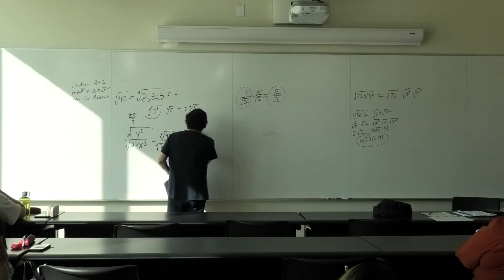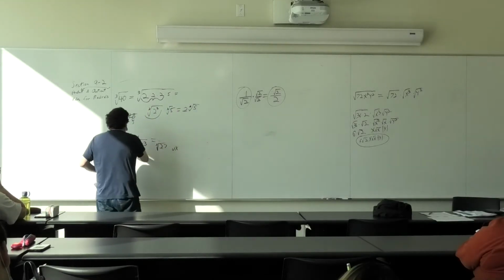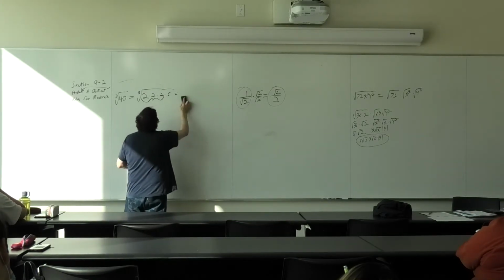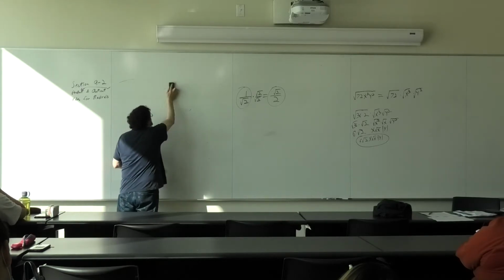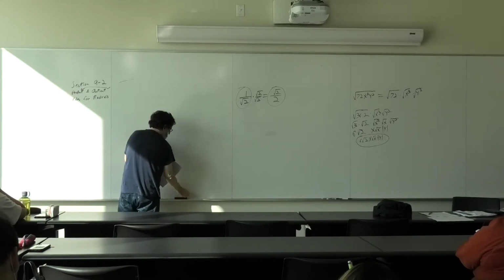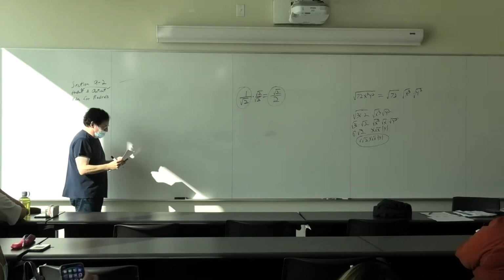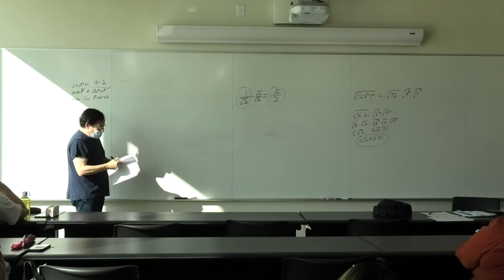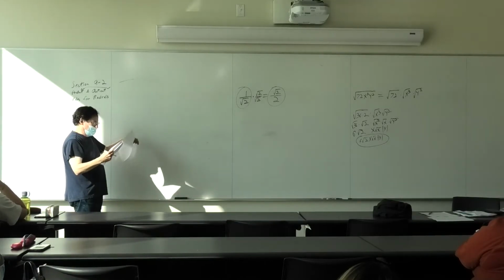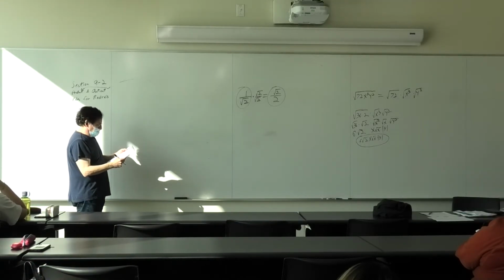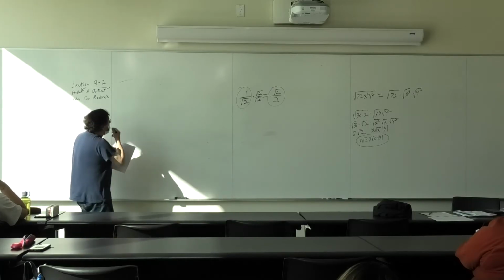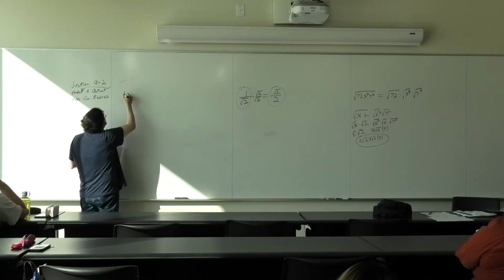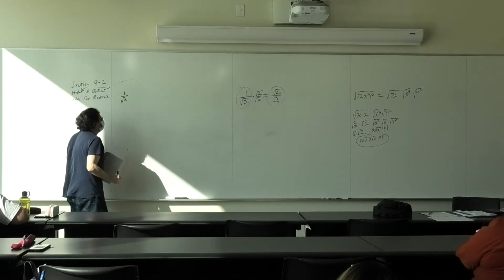However, when you're dealing with variables, with x's and y's, it's sometimes a good idea to get radicals out of the denominator. So, for example, let's say you have 1 over the square root of x.